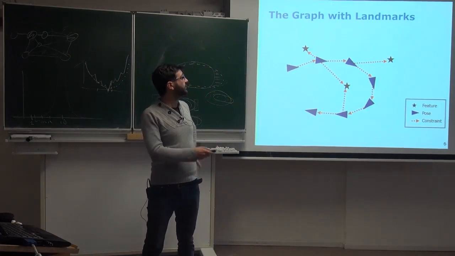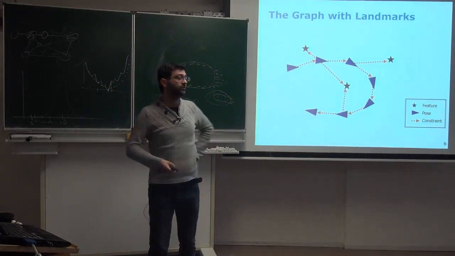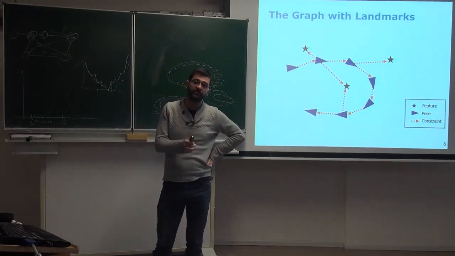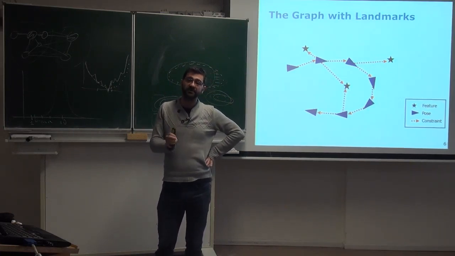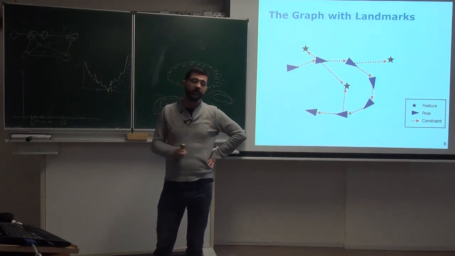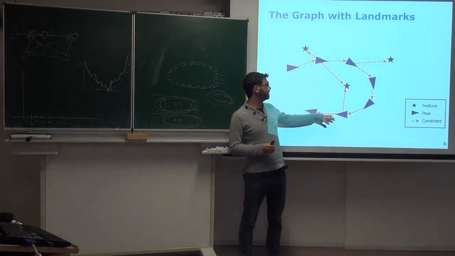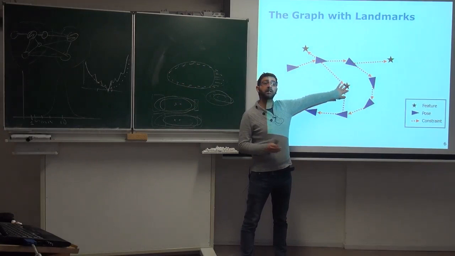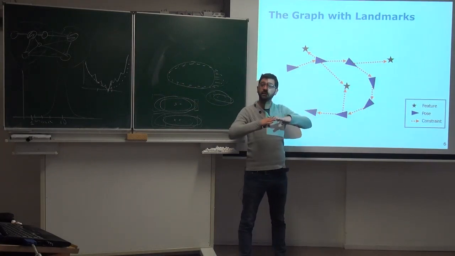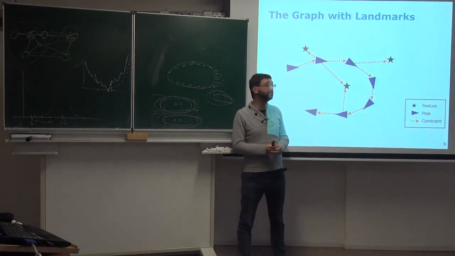In general, when we talk about graphs with landmarks, we do not have explicit data association or loop closing measurements between poses. Okay? The reason being those measurements normally occur because we take some of the landmarks out by aligning them, and we don't want to do this right now here.